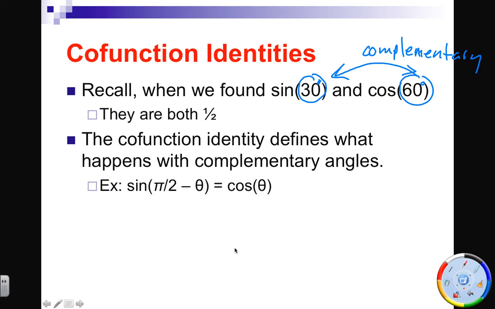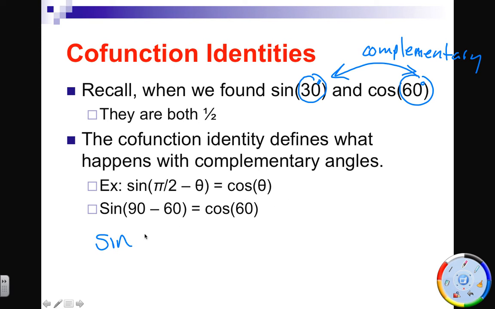The example that I'm going to give here is sine of 90 minus theta is equal to the cosine of theta. So in this example up here, the sine of 90 minus 60, which is 30, by the way, if you couldn't do that math, is equal to the cosine of 60.